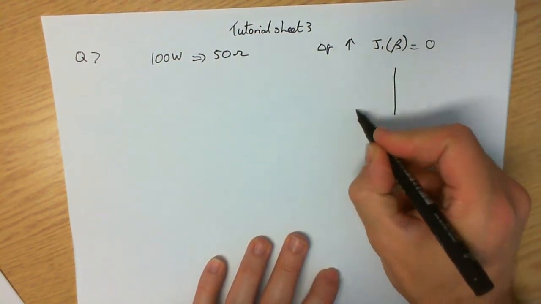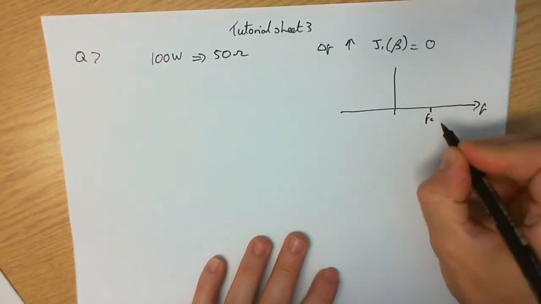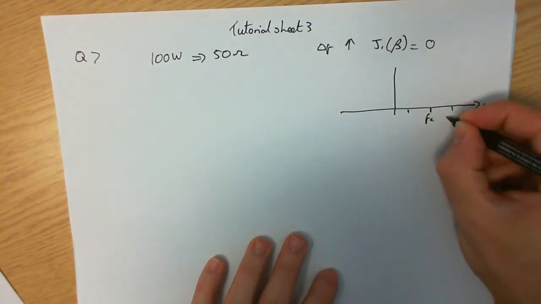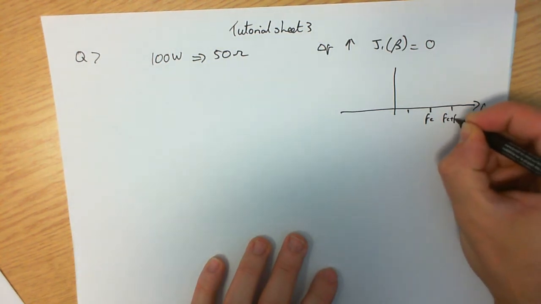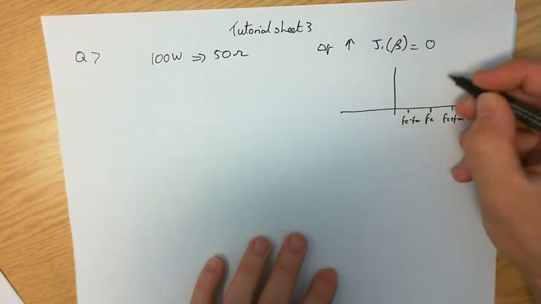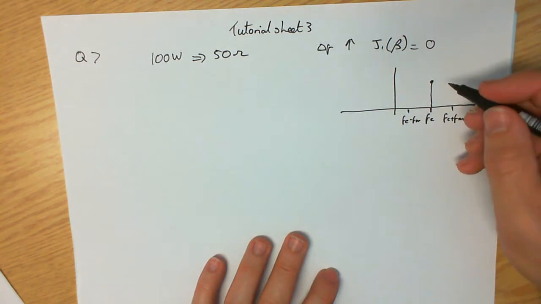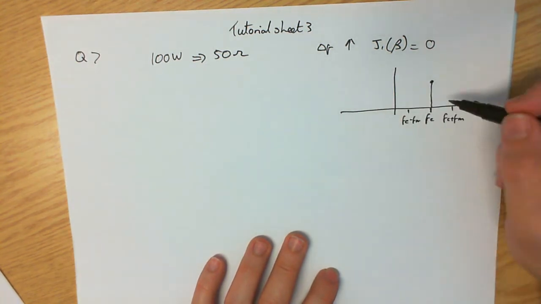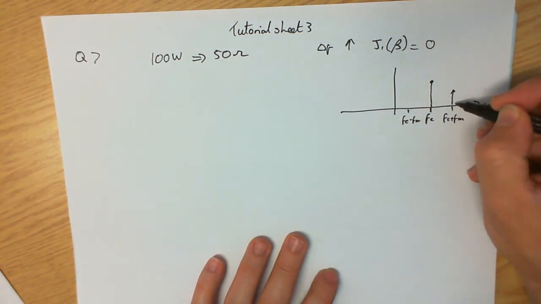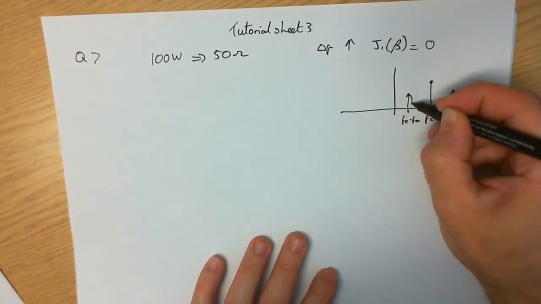If I think about that as a frequency spectrum, I'm going to have Fc here, and then Fc plus Fm and Fc minus Fm. Initially we have a carrier component, and then we increase delta F so that the sidebands appear and increase, and then decrease again until they go back down to 0.